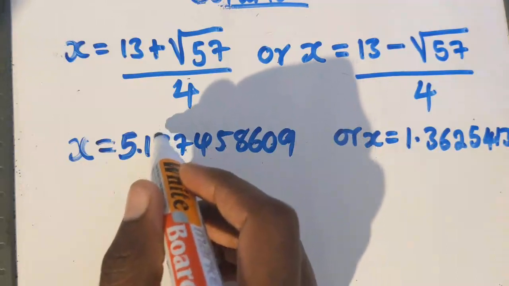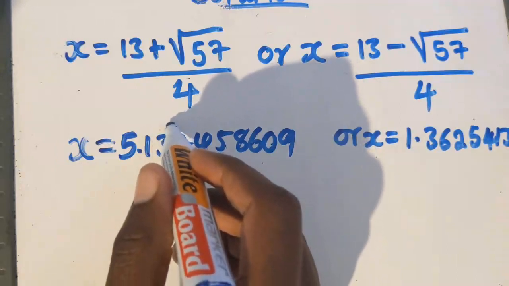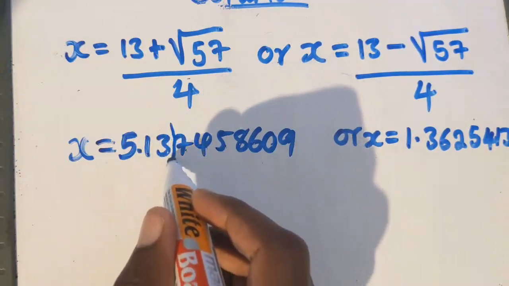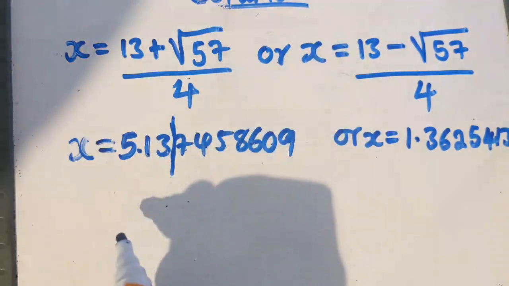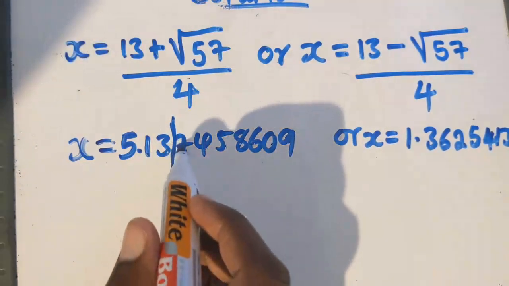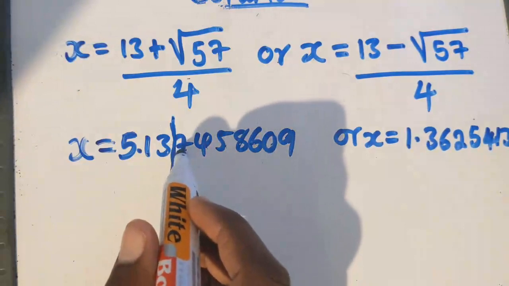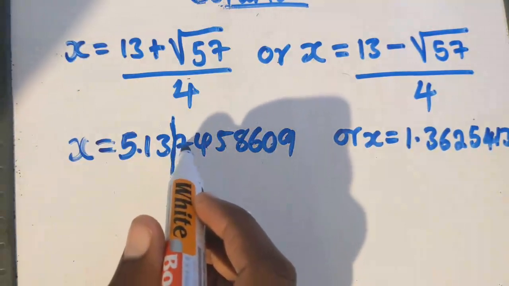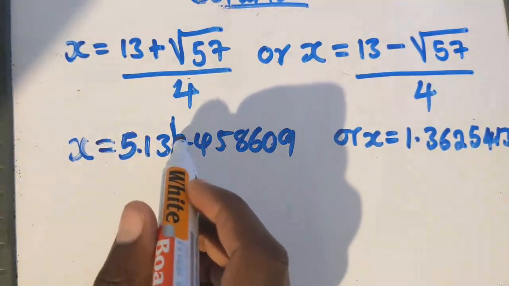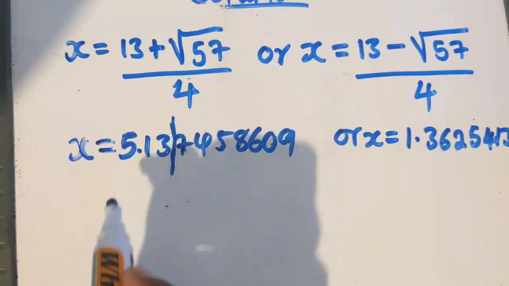So that means we'll round off from here. And the number after this is above 4, this is 7. So that means we are going to get the 1 and add to this number.